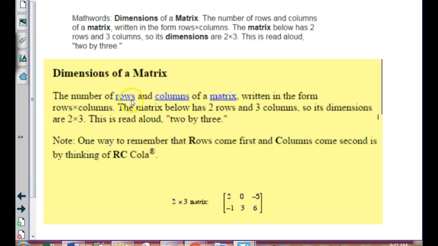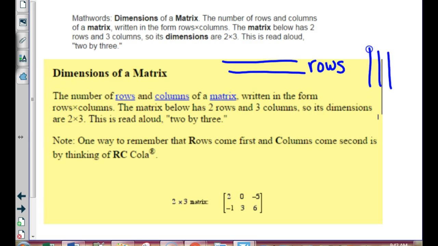So when you have this, you need to be able to identify the dimensions of that matrix. The dimensions are the number of rows and the number of columns. Now, it's really important that you know the rows come first. Rows go across. These are rows.